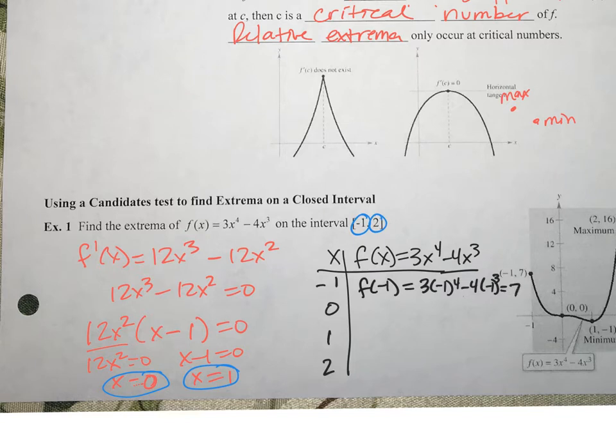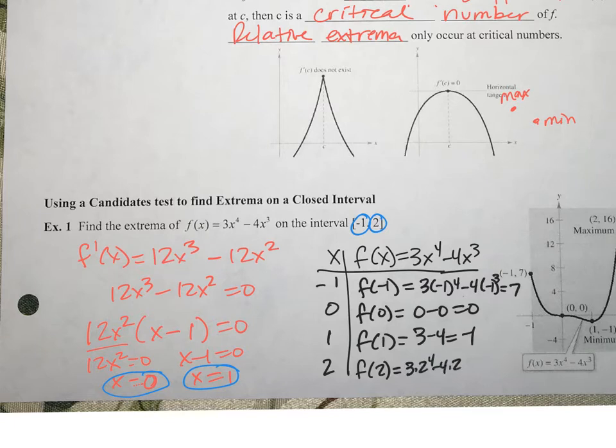And then when we evaluate f of 0, well, that's just going to be 0 minus 0, which is 0. We'll next evaluate f of +1, which would give us 3 minus 4, which is -1. And then last but not least, f of 2, which would be 3 times 2 to the fourth minus 4 times 2 cubed, which turns out to be 16.